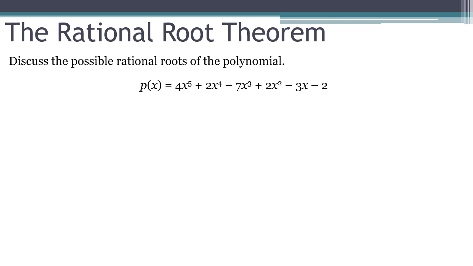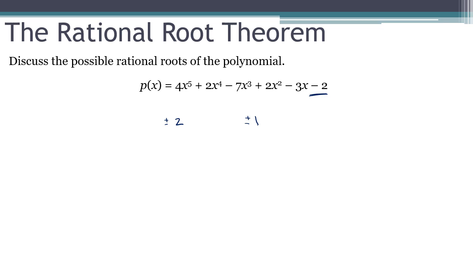What this theorem is saying is I have to look at all the factors of the constant term. The way I do this, I like to put them in a table. All right, so I'm going to put the factors of the constant term in the columns. And when we're talking about factors, I mean the positives as well as the negatives.